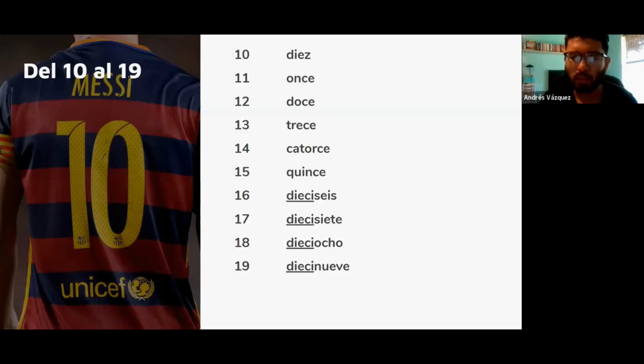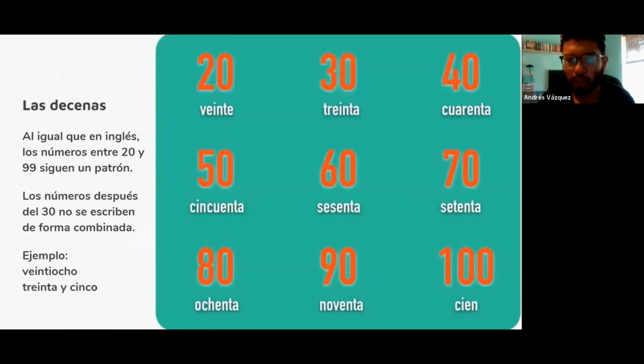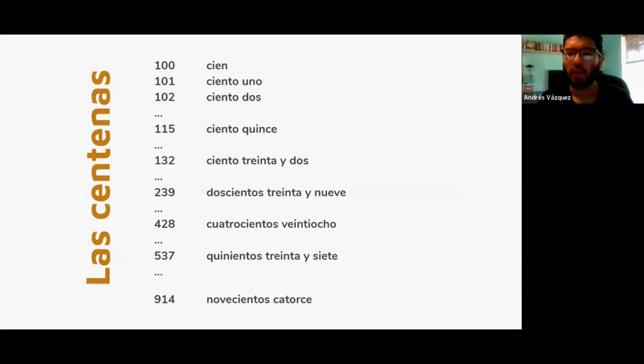So 16, we know it's 10 and 6, 17, 10 and 7, 18, 10 and 8, and so on. We know that same pattern is going to be seen in the 20s, in the 30s, in all two-digit numbers. And then when we move on to the hundreds, it's a similar thing. We still keep those patterns. We just add 100 or ciento before that complementing number, no?